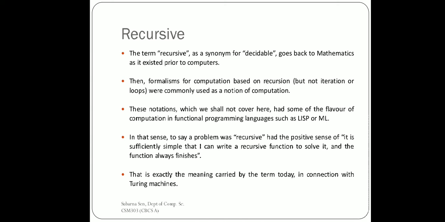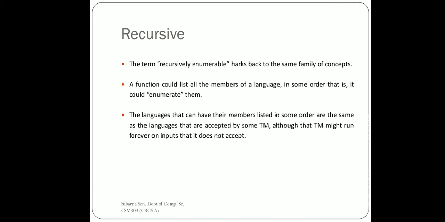We will see here how it is used in the case of the Turing machine. So this is the term recursively enumerable. It harks back to the same family of concepts; we will see how it gets called repeatedly. Whenever a function calls itself, we call that recursion, so here the same feature will be maintained.